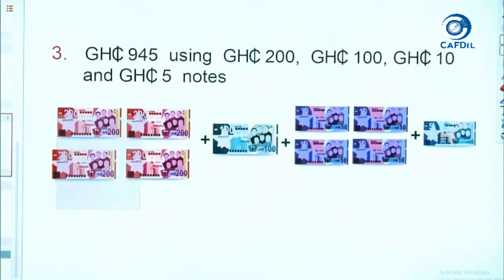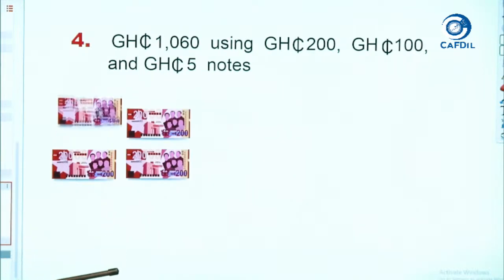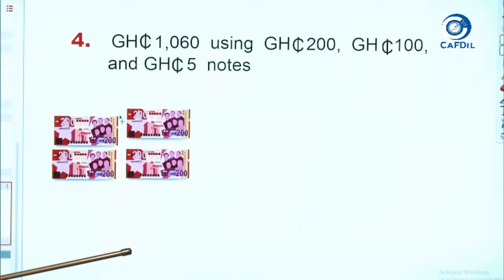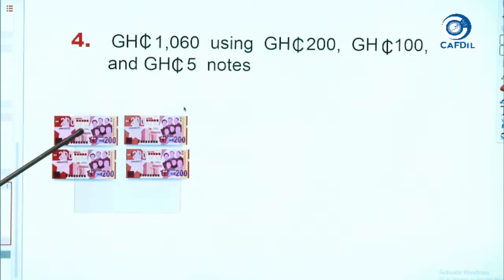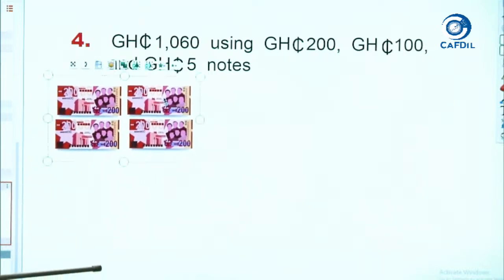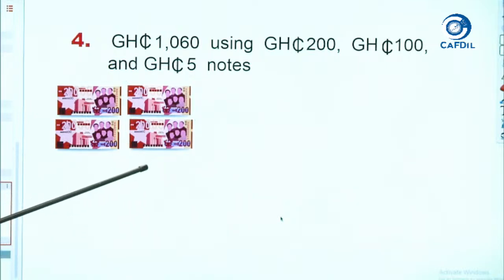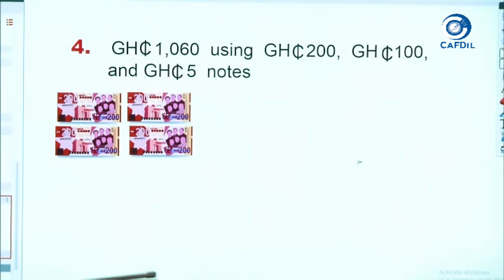So let's go and pick the 200 cedis notes. We need 4. So we have 1, 2, 3, 4. And this will amount to 800. Now let's use the 100 cedis.